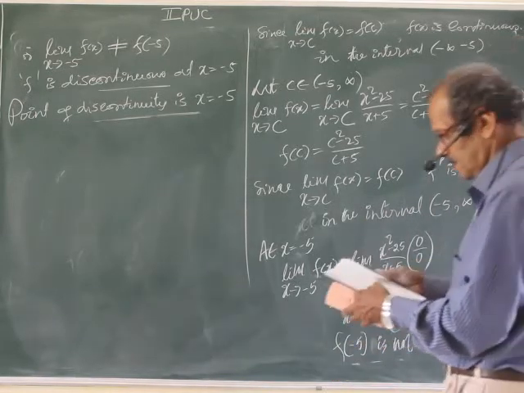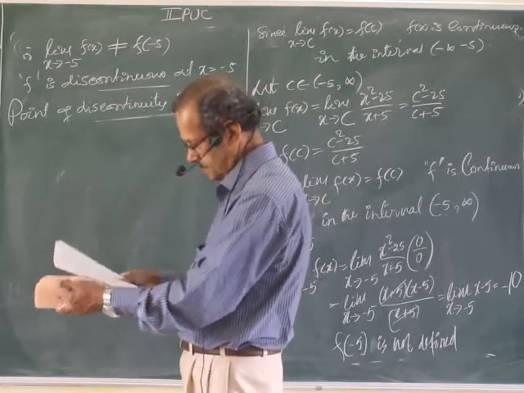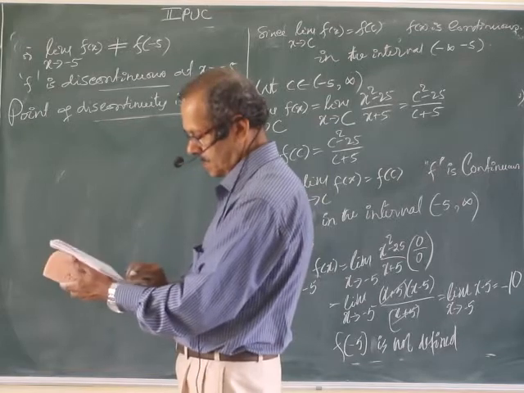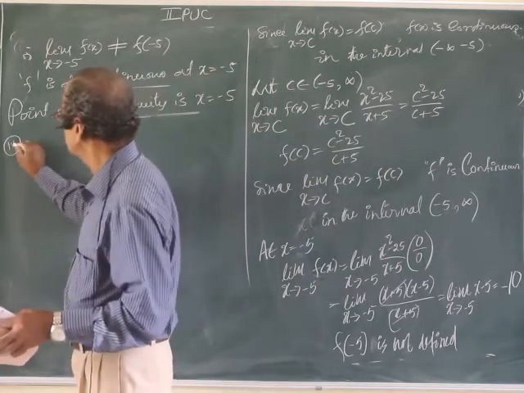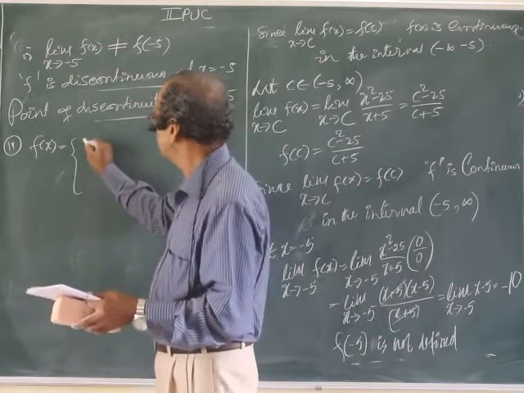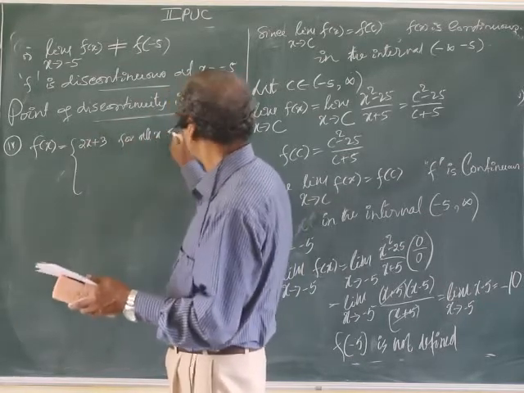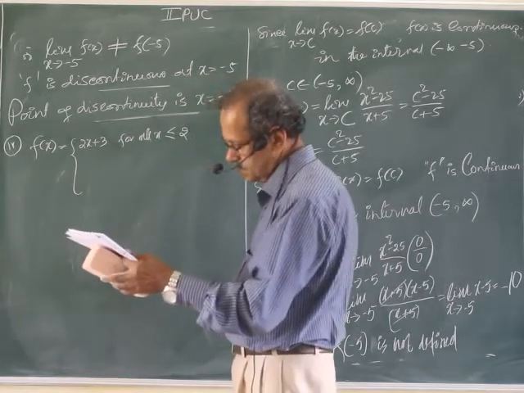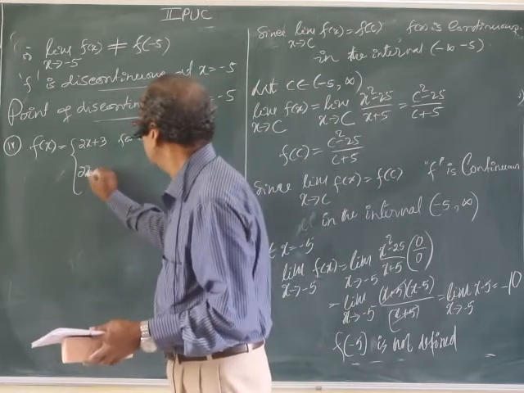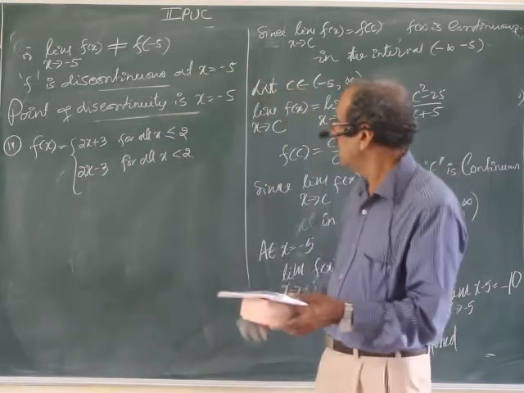Problem number 4th, or 3rd? Third. F of x equal to 2x plus 3 for all x less than or equal to 2, and 2x minus 3 for all x greater than 2.